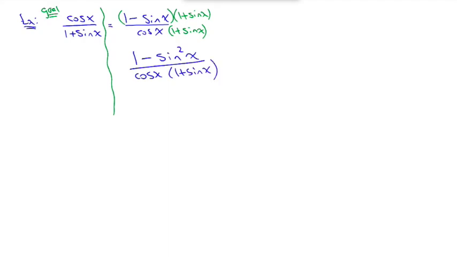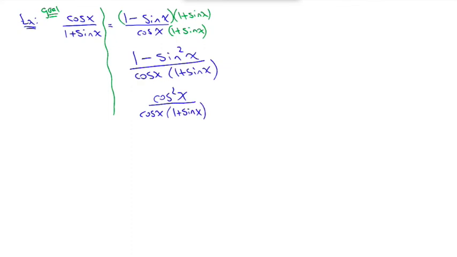Okay. What else can I do? Change that 1 minus sine squared of x to cosine squared of x. Right. 1 minus sine squared of x is the same thing as cosine squared. All over cosine of x, 1 plus sine of x. Okay.